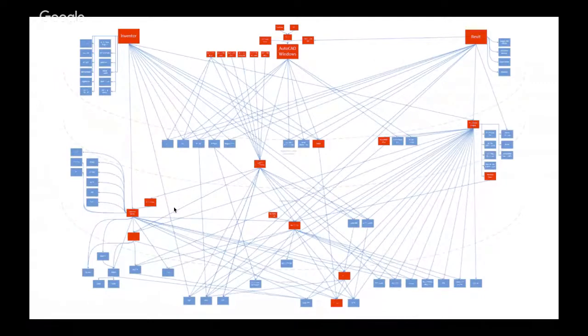So for example, I've taken here an example of 3 of our hero products. On the left is something called Autodesk Inventor, which is a mechanical engineering product. And then AutoCAD, the AutoCAD family in the middle, and the right is used for building information management, a product called Revit.